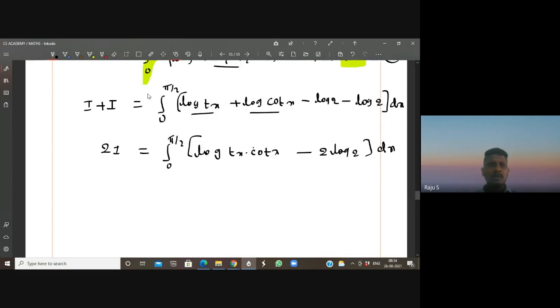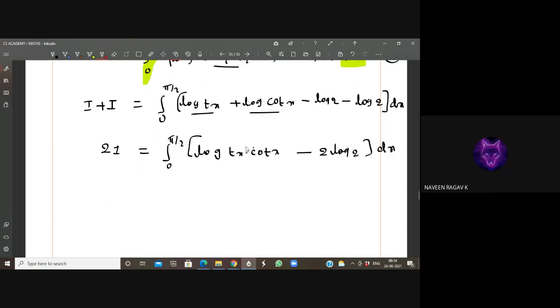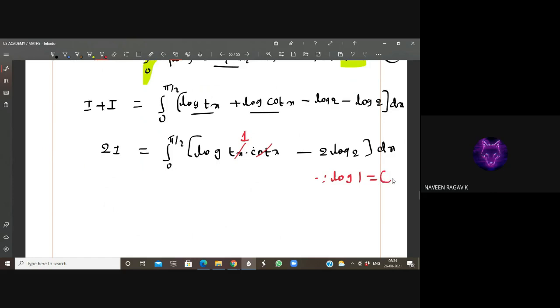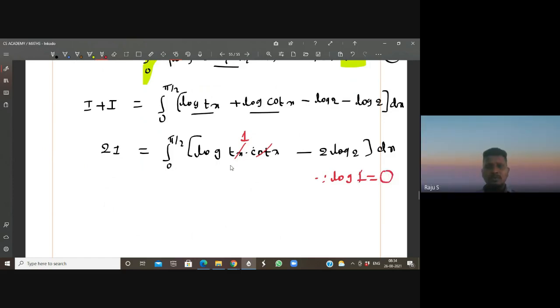Students, what about cot x into tan x? The value becomes 1. What is log 1? Log 1 is always 0. So finally this value becomes 0.